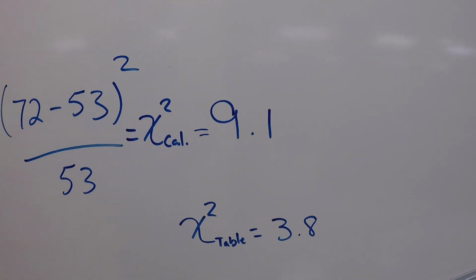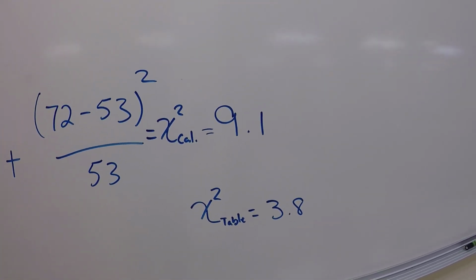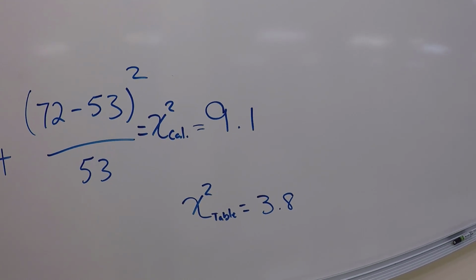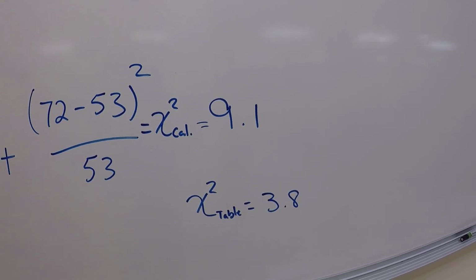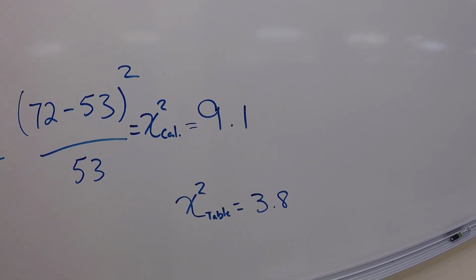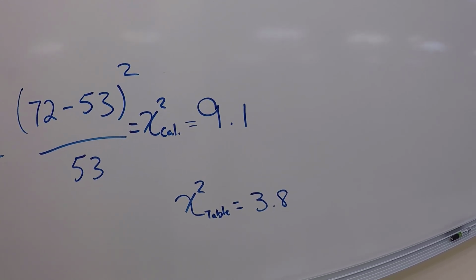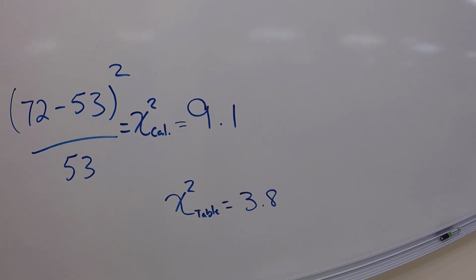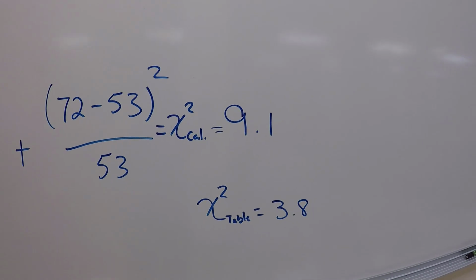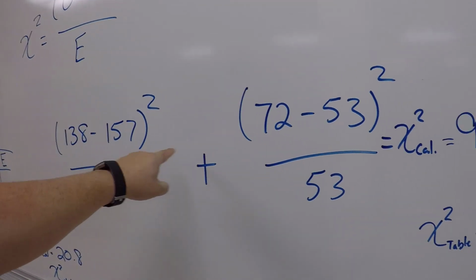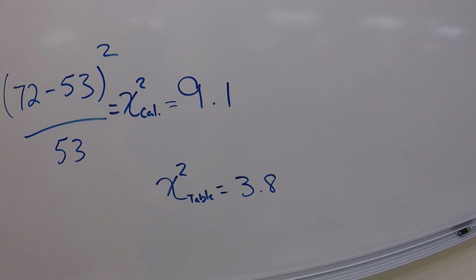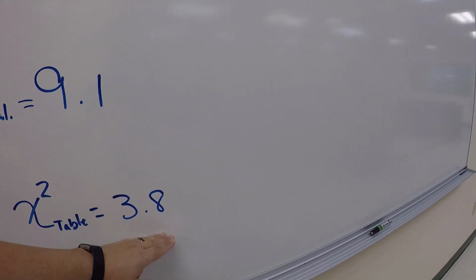So then if we go to the table, remember that we're looking at a 95% confidence interval, or an alpha level of 0.05. So on the table, you want to look at 0.05. We have 1 degree of freedom because we only have 2 choices, purple or yellow. If we pull that number, it's 3.8.